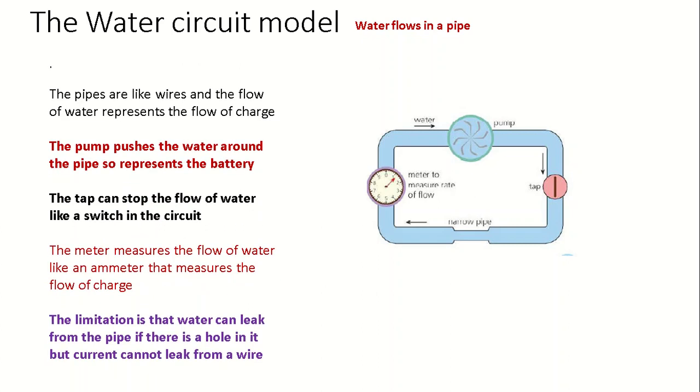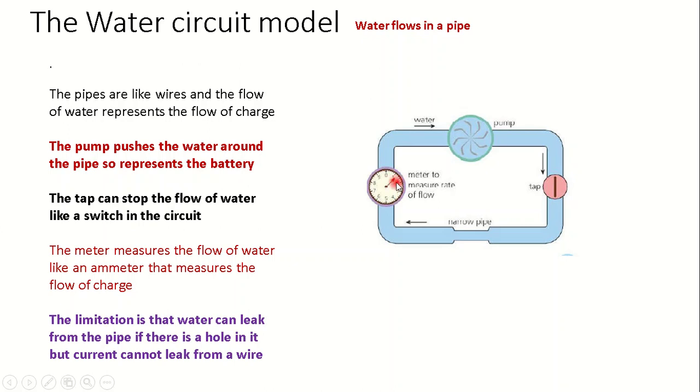Now, the water circuit model. In the water circuit model, the pipes are like wires, and the flow of water represents the flow of charge. The pump pushes the water around the pipe, so it represents the battery. The tap can close or open, so it allows the flow of water, and also represents the switch that can be opened or closed to allow the flow of charge.